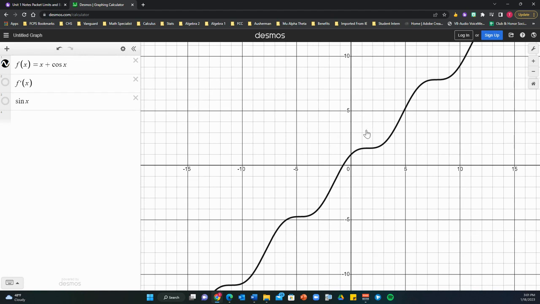But because we're doing it at a slant, it doesn't actually decrease at all. So what's going on here is this graph is actually going to go flat and then increase, go flat and then increase.